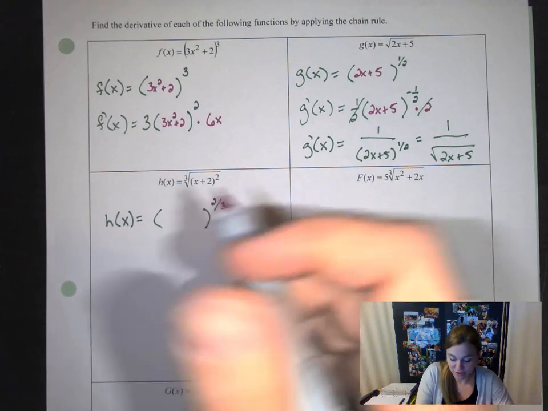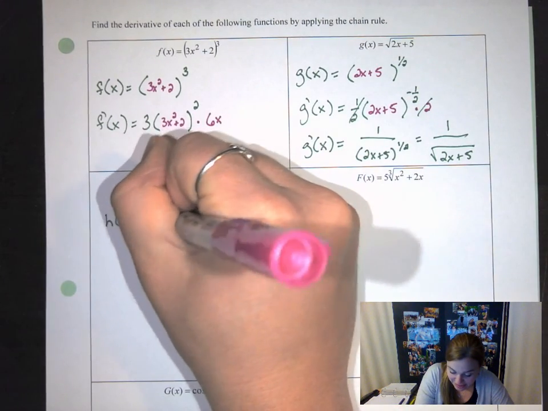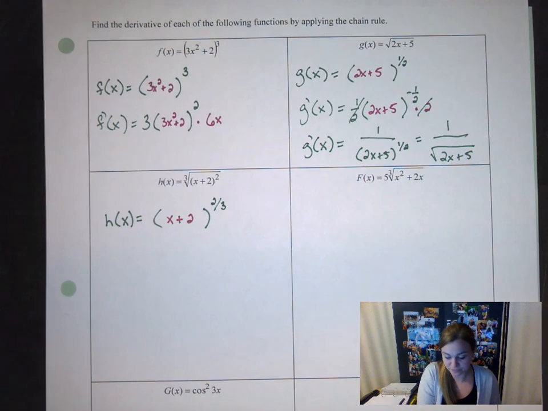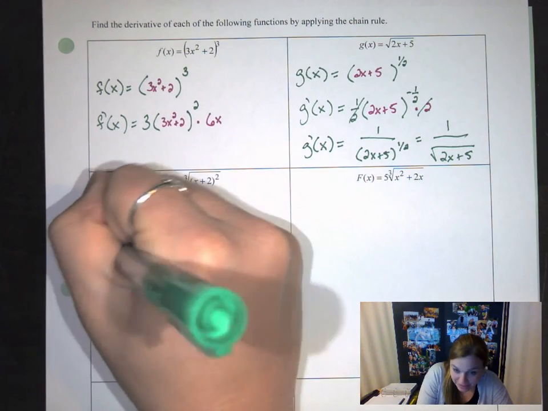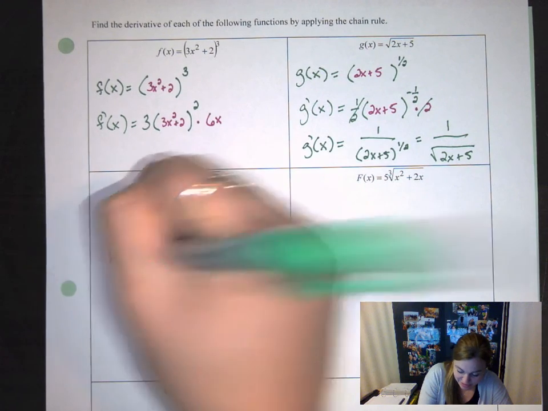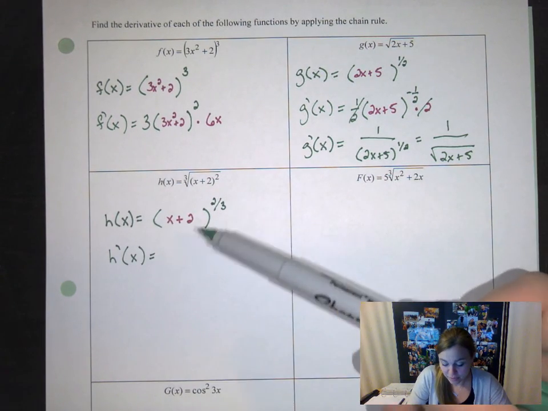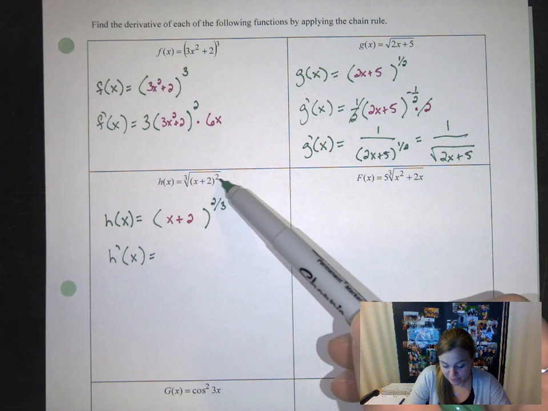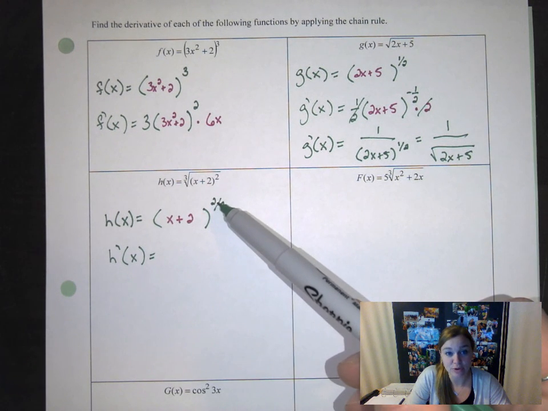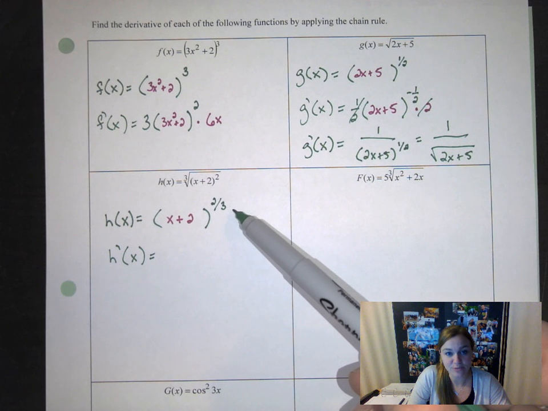And the function on the inside is x plus 2. So h prime of x is going to be, oh wait, I should explain that a little bit more. So in here, if you have an exponent of 2, this is where the 2 is coming from in the numerator, but the cubed root, that's where this 3 is coming from.